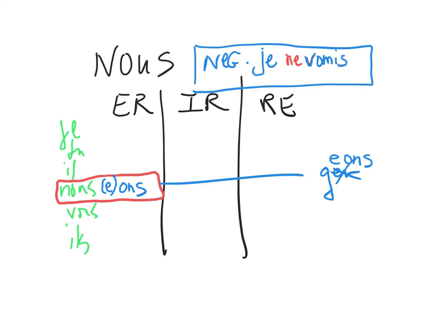And then pas. If I didn't vomit, I would write this ne pas. And notice where it goes around my verb. It goes around it like a sandwich. The ne goes in front, the pas goes in the back, and that means don't or not for the negative.